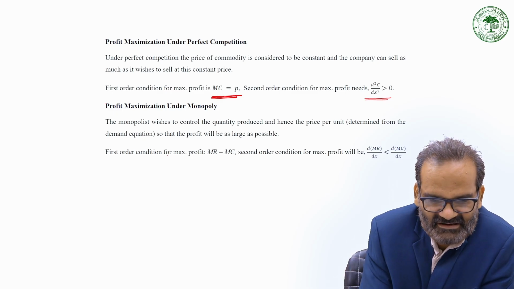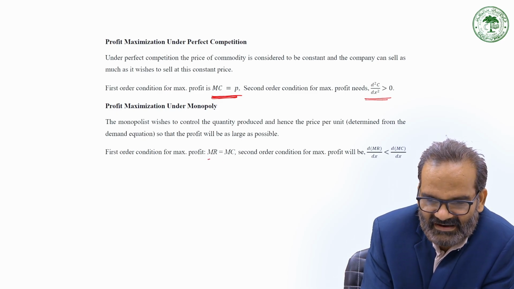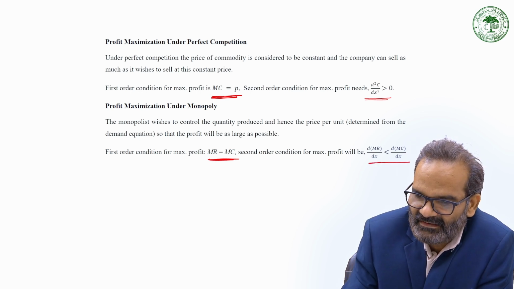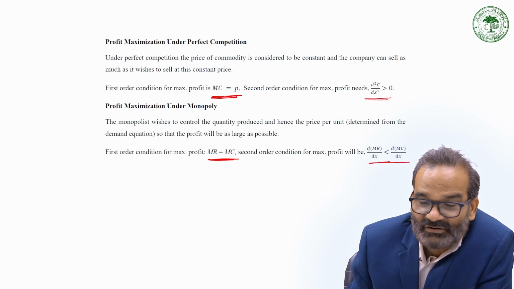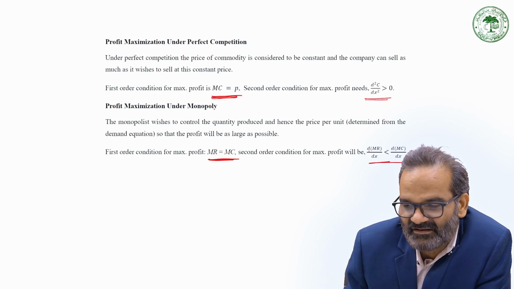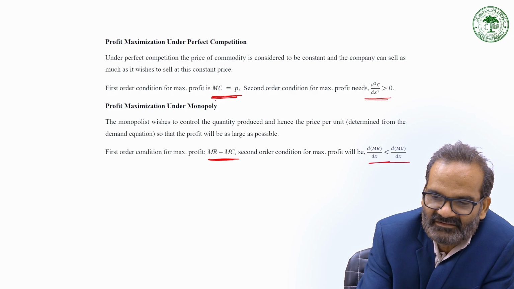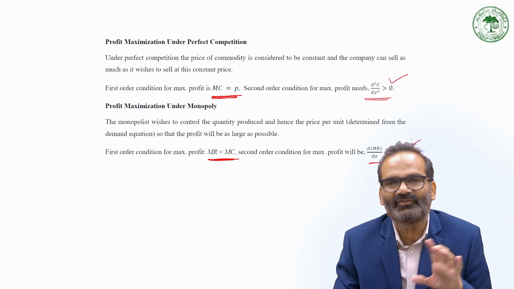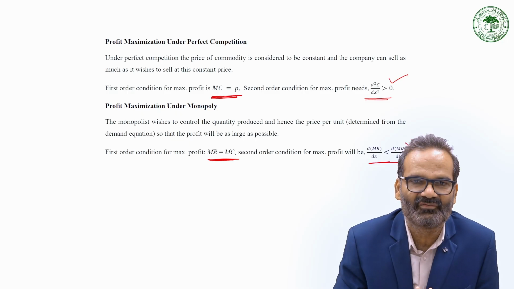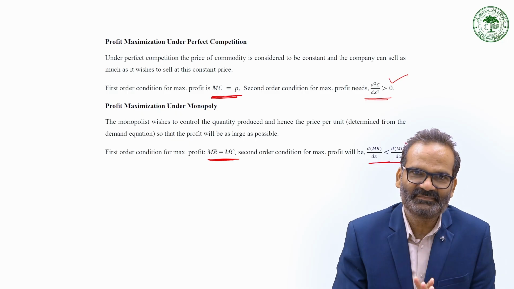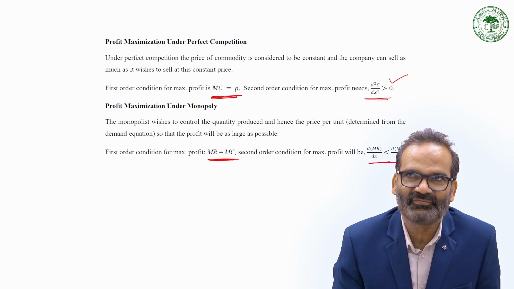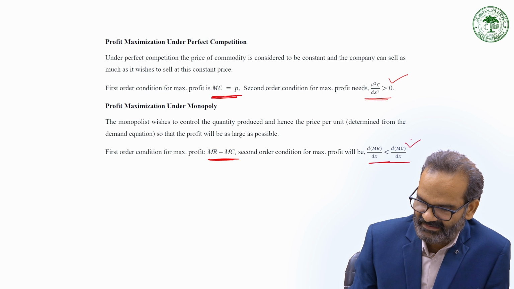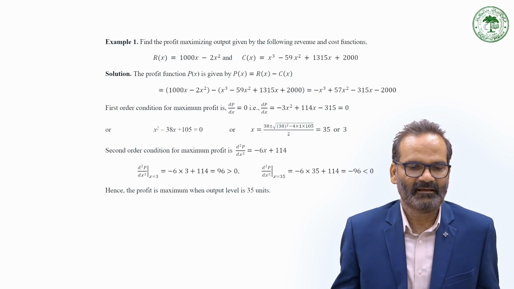The first order condition under monopoly is that the marginal revenue must be equal to marginal cost, and the second order condition is what? The derivative of the marginal revenue should be less than the derivative of the marginal cost. So among these two conditions, we can use any one as per the situation of the question, whether the question is being carried forward under perfect competition or under a monopolistic situation, right?